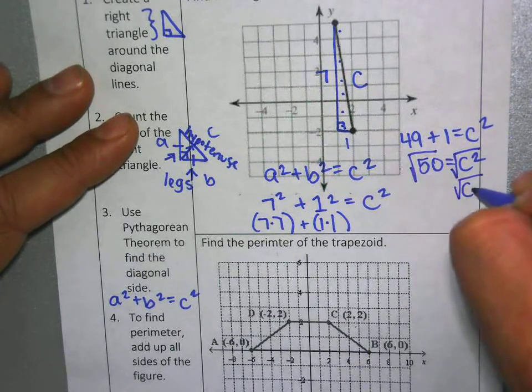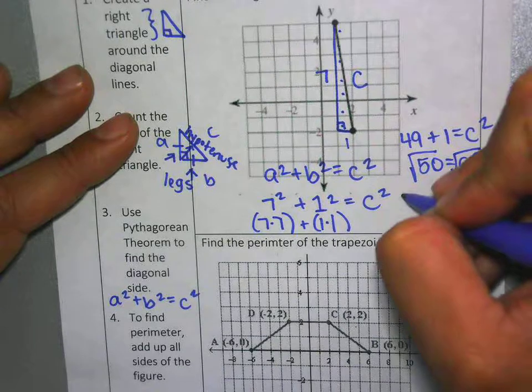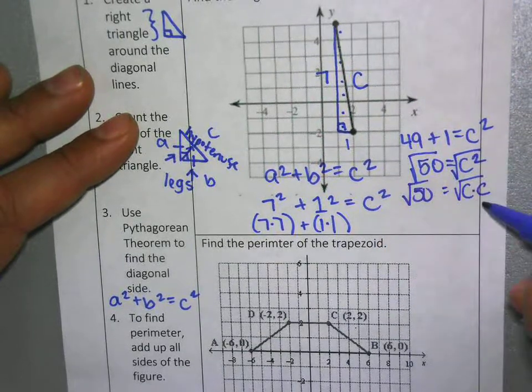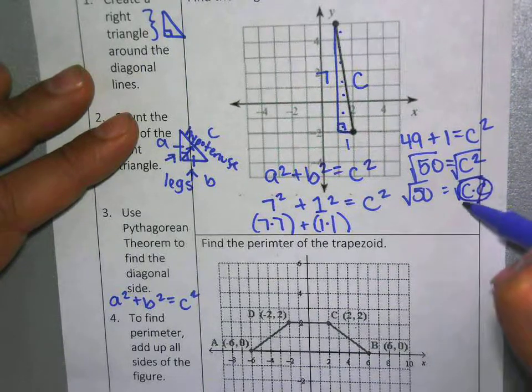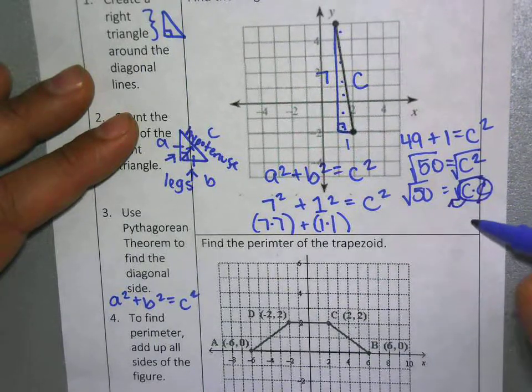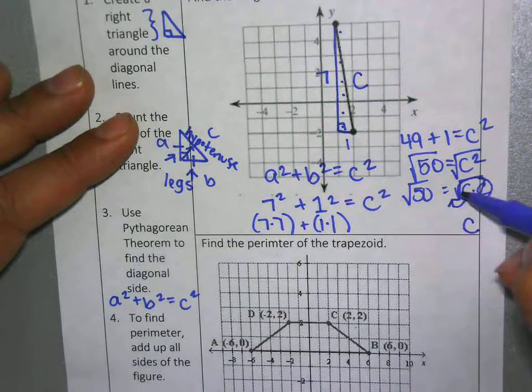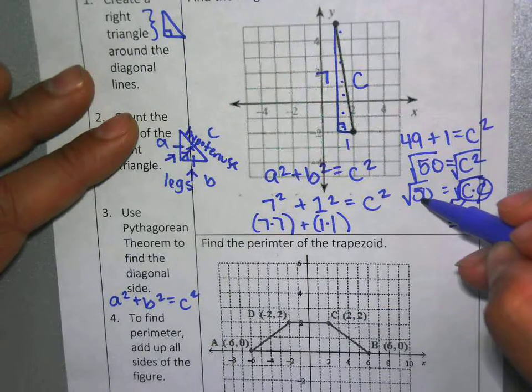This means that c times c, because there's 2, I circle them, 1 dies, 1 escapes, and that means I'm left with c, the one that escaped. Nothing was left on the inside, equals the square root of 50.